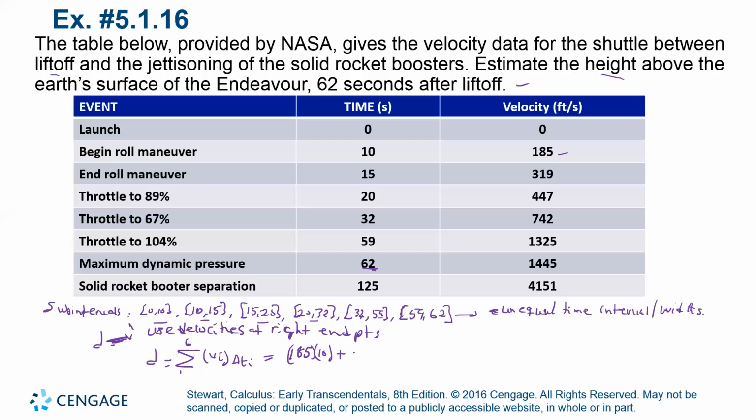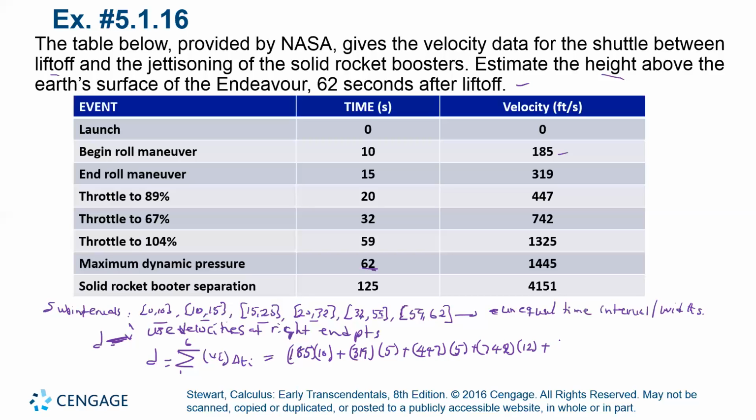The second is 319 times the time elapsed, which is 5, plus the next one is 447 times the time elapsed, which is also 5. Then we have the velocity 742 times the time elapsed, which is 12.